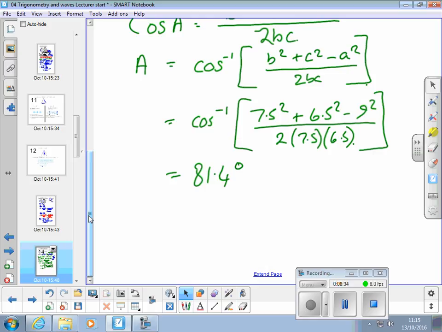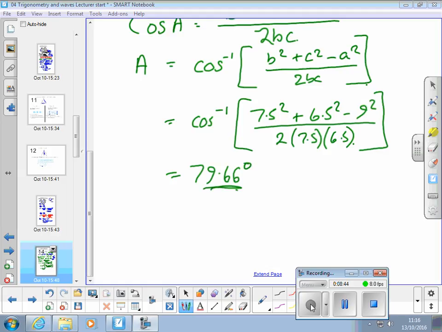Brackets. Do you know where you went wrong with pushing the buttons? Okay. Yep. All right.